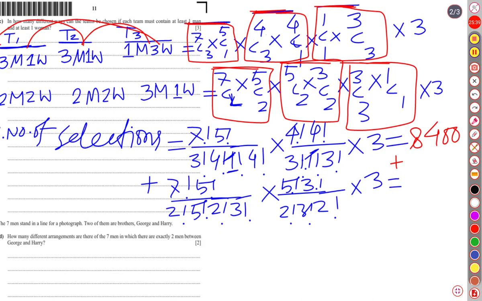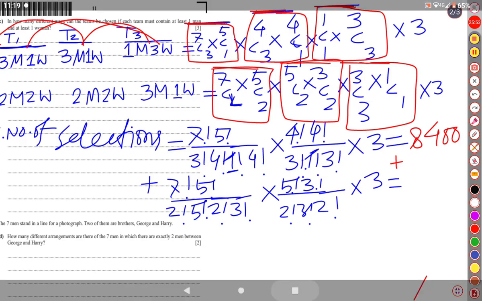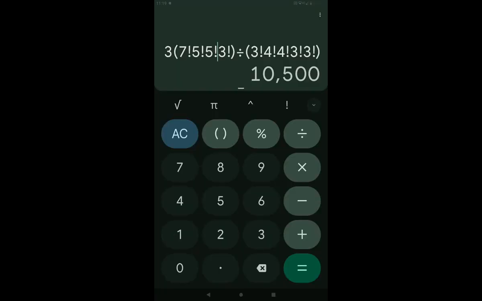So 4 twos. Actually 2 factorial means 2. So it will be 16. 4 twos are 16. Then 3 threes are 6, 6, 36. Okay, let us write 4 twos, 2 threes, 1 5. First of all, we will divide by 4 2 factorials.